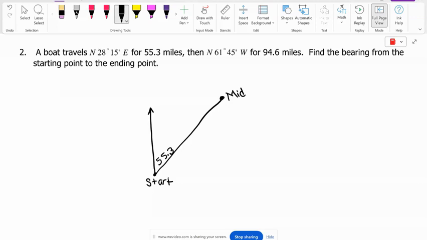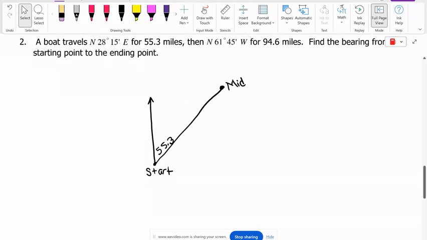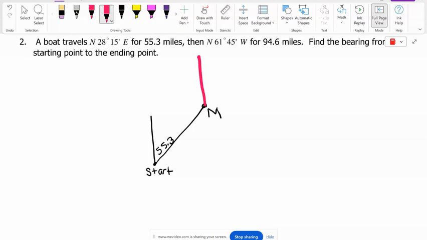Then, I guess I should have moved this down a little bit more. That's fine. I'll just put it here. Okay, there's my midpoint. Then we are traveling northwest for 61 degrees and 45 minutes. So again, we have our north line, but now I'm going west, and that's for 94.6 miles. And this is where I end.